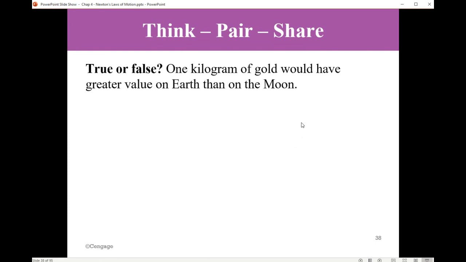Okay, thank you for this nice discussion. Let me ask you this question. What is a kilogram? A kilogram is a unit of mass. It is a unit of mass, right? So do you expect the mass to change between Earth and Moon?